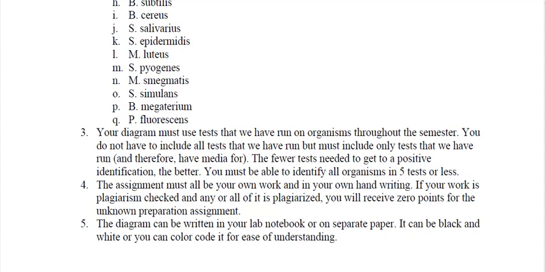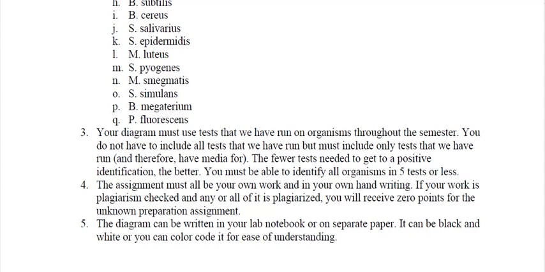But also because if we were actually doing this in the classroom, you would only have a certain amount of weeks to do this. We couldn't spend the next 10 weeks allowing you to run every single test and determining the answer. So you have to do it in 5 tests or less. And the fewer, the better.